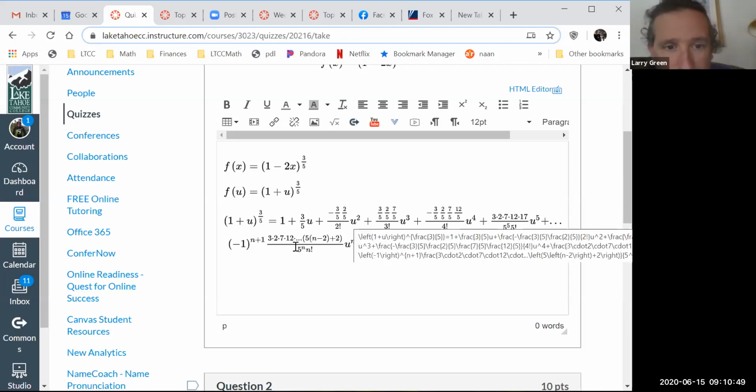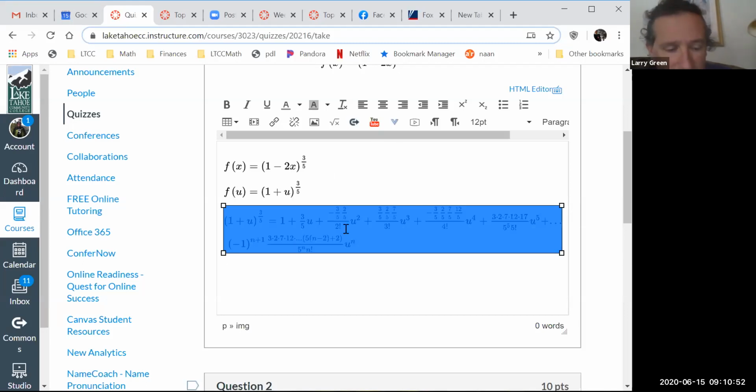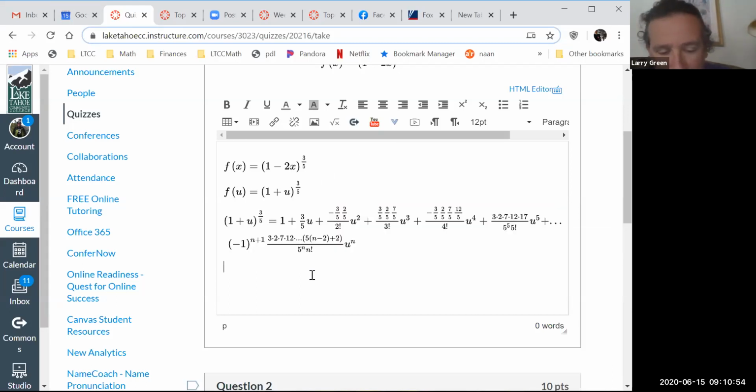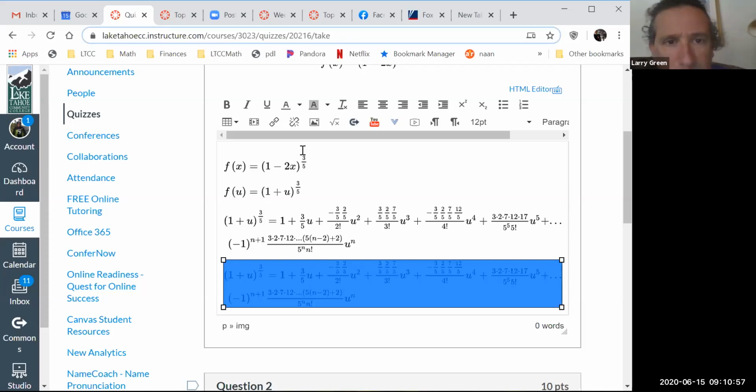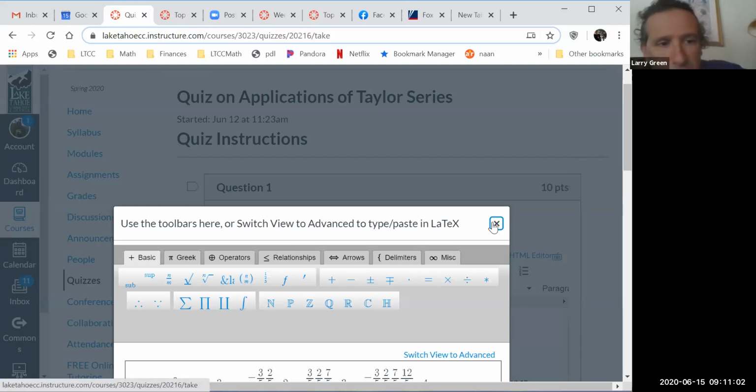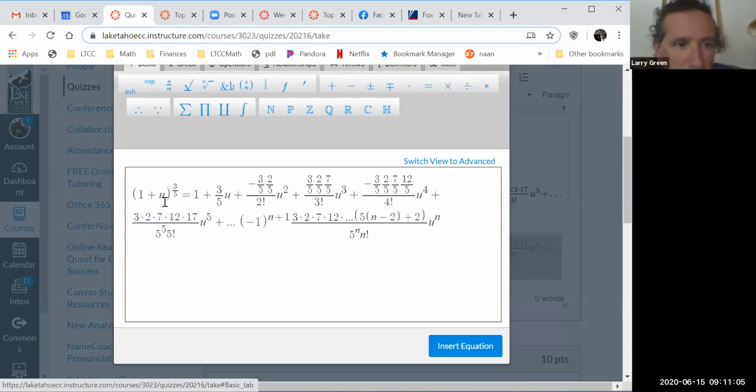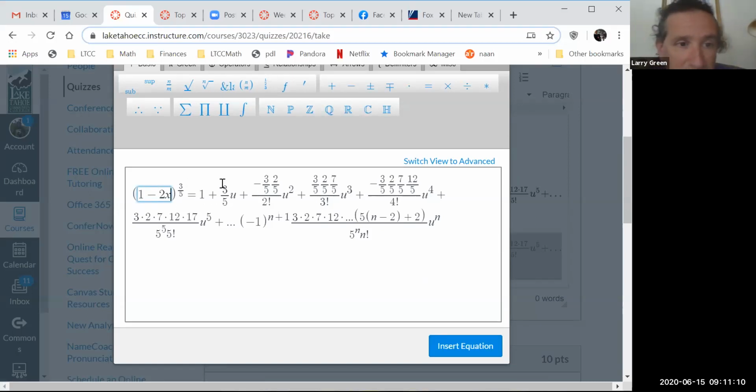I'm going to need to copy this so that we can replace what we need. And now we're taking our u and making it a -2x. So we're just substituting. So the first thing is we're going to have a 1. Again, that's just kind of an unusual one because it doesn't fit with everything else. But after that, everything else fits.